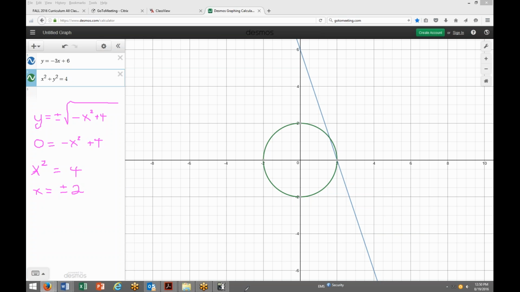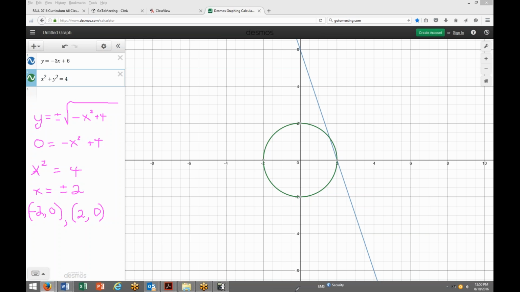So the equation x squared equals 4 has two real number answers, positive 2 and negative 2. Therefore, there are two x-intercepts. There is (-2, 0), and there is also (2, 0).